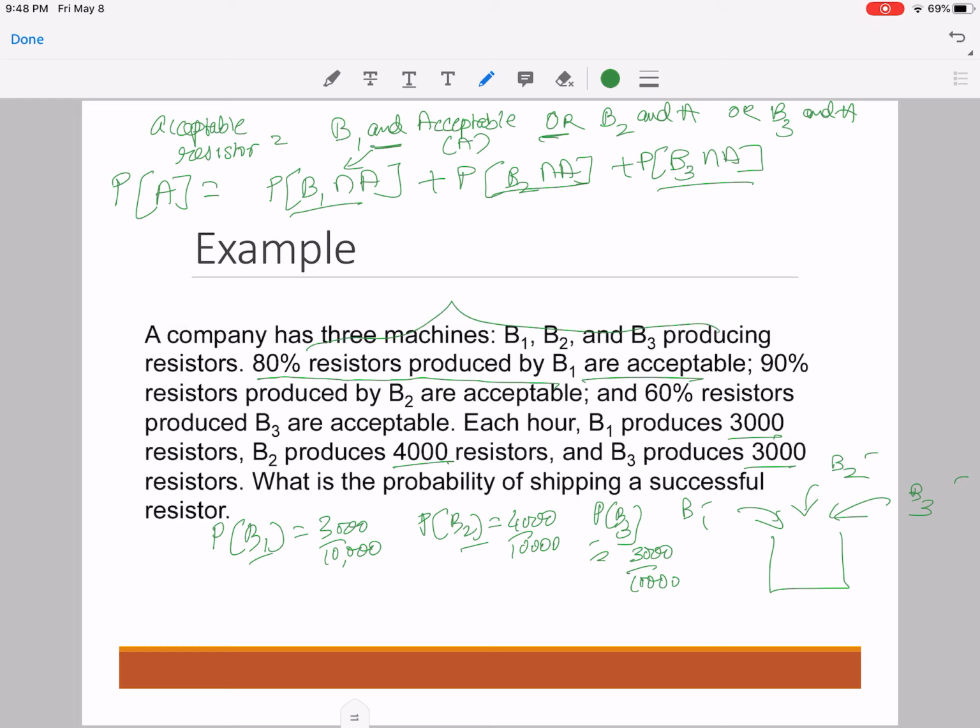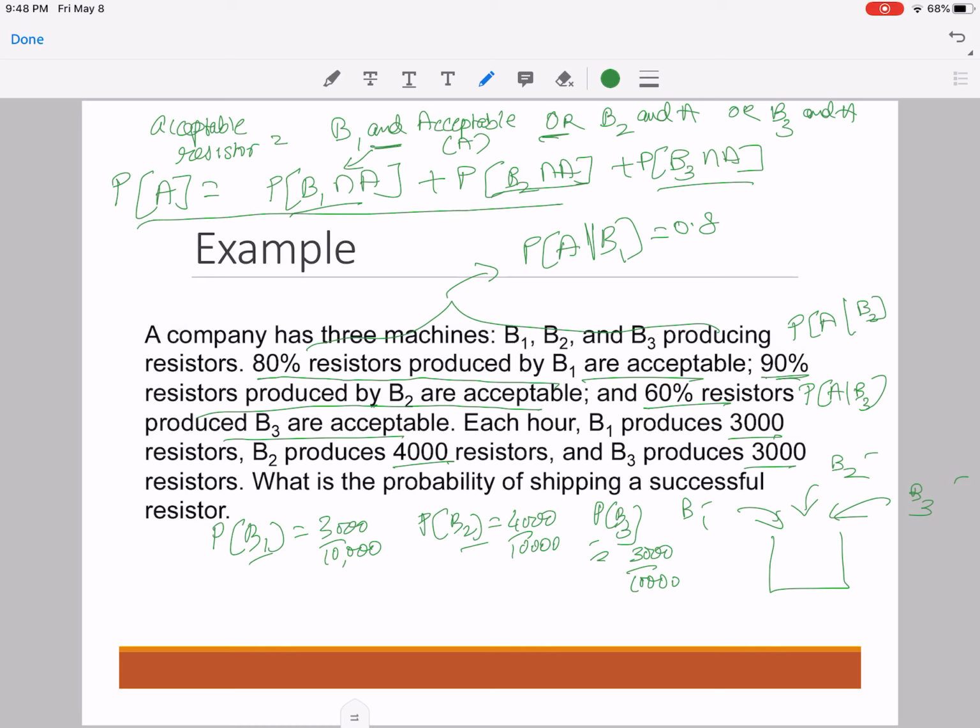This line is actually giving you the probability that a resistor is good given that it is from B1, and that is 0.8. Similarly, 90% of resistors produced by B2 are acceptable, so that's giving you the probability that a resistor is good or acceptable given that it is coming from B2. Similarly, 60% by B3 are acceptable, so this gives you the probability of A given B3.